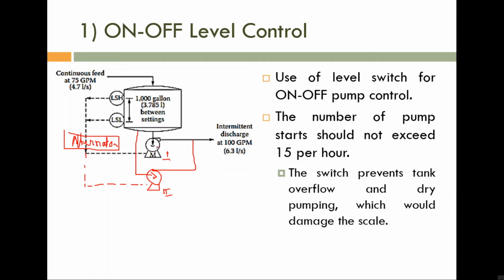What is the purpose? If the number of starts is greater than 15, we are using more than one pump. So alternatively we are switching either pump 1 or pump 2. The combined number of starts of these two pumps is, say, 20. If the number of starts required is 20, then per pump it is 20 divided by 2, that is 10.